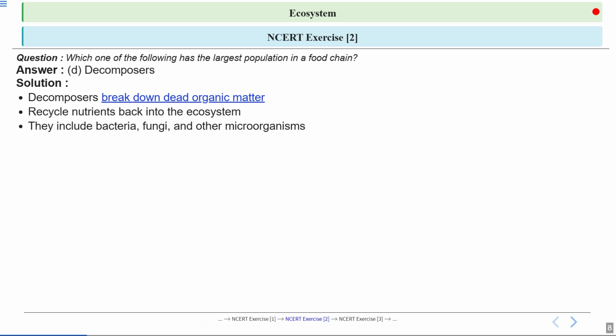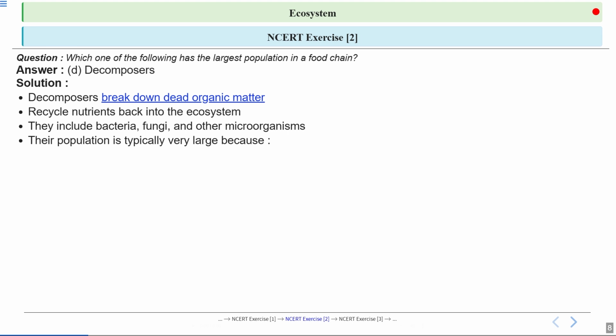These organisms, such as bacteria and fungi, are microscopic in size and cannot be seen with the naked eye. These microscopic decomposers' population is very large.